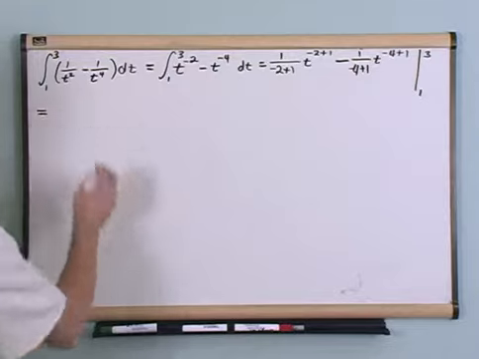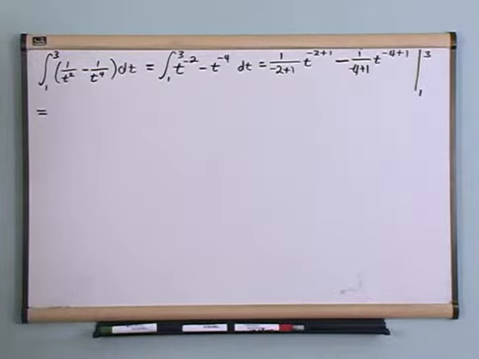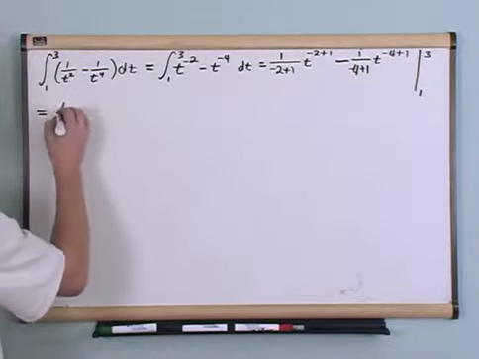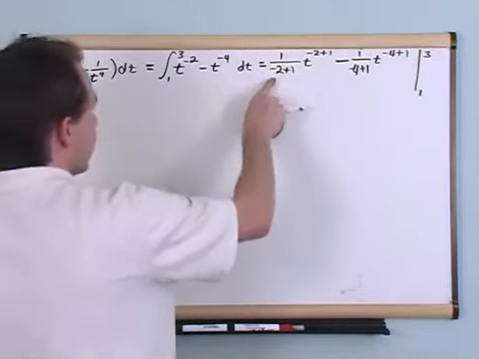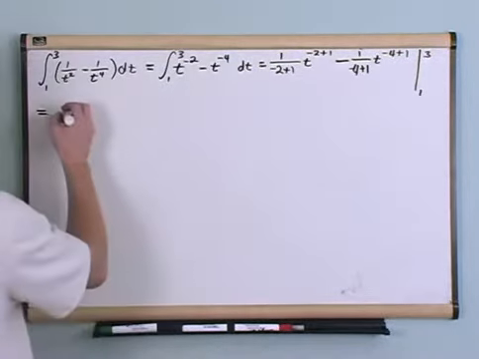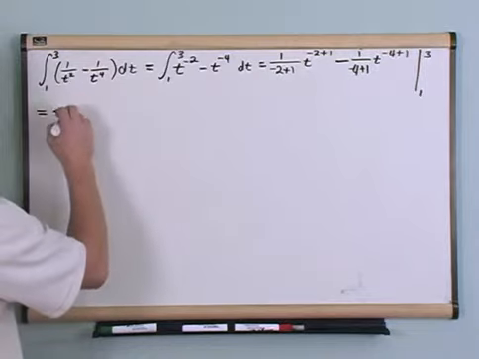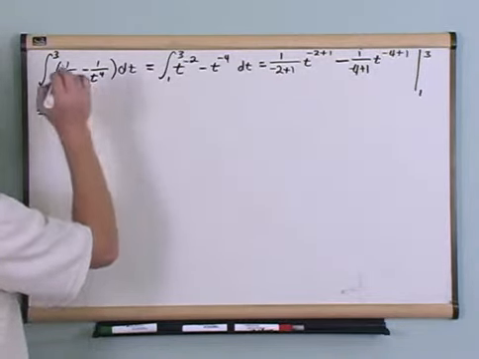Now, I was very explicit when I wrote that out. In reality, you could probably do this part of it in your head. For the first term, you're going to have 1 over minus 1, so that's just going to give you a negative t to the negative 1.